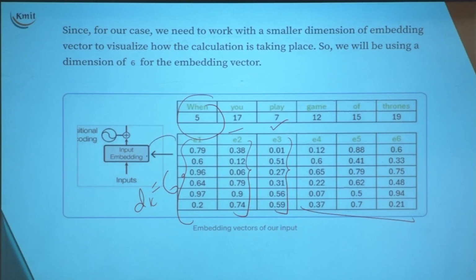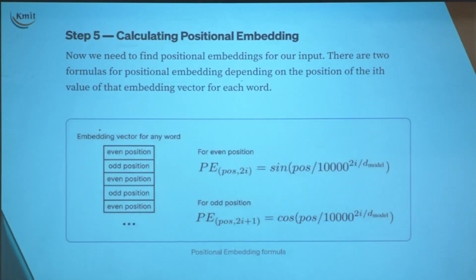So I am done with this part. What is this part? Taking each word and giving the n-dimensional vector matrix representation of each word. What do I do next? Find the position encodings. So how do I find the position encodings? By using these 2 formulas.